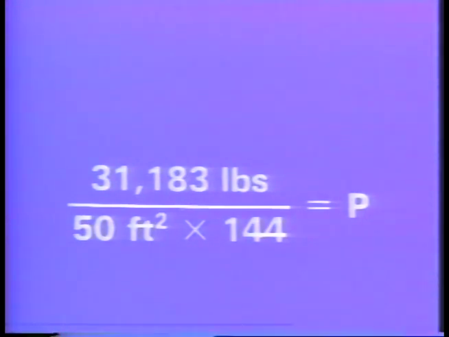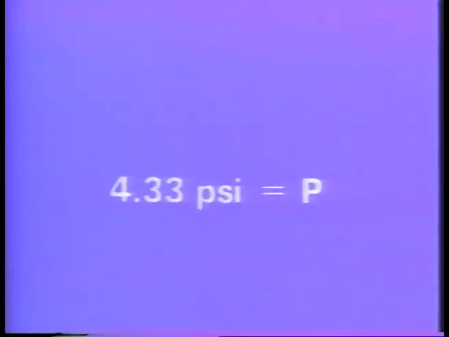To change square feet to square inches, we'll multiply the 50 square feet by 144 for a total of 7,200 square inches. And doing the math results in an answer of about 4.33 psi. The force is 31,183 pounds, and the pressure is 4.33 psi.